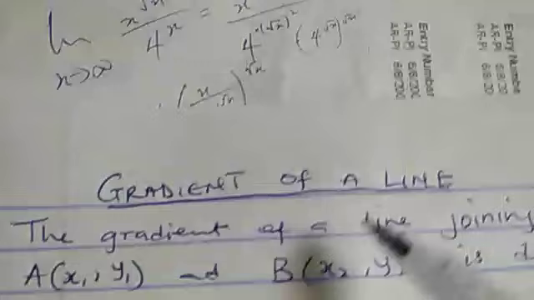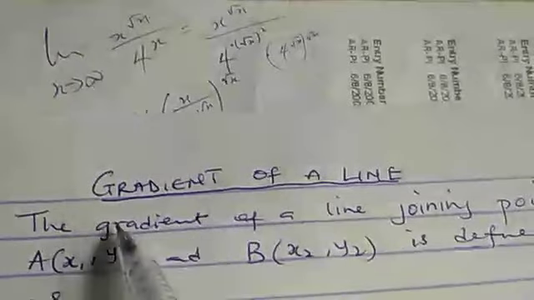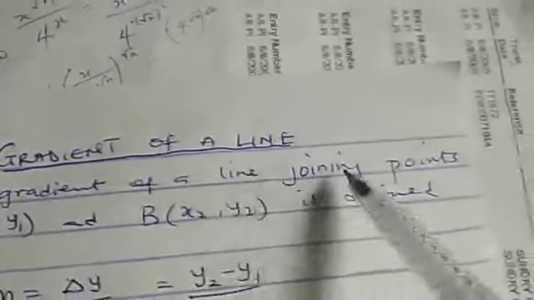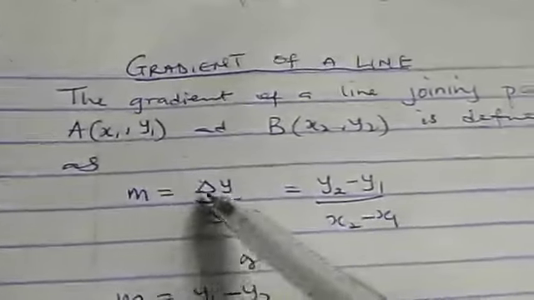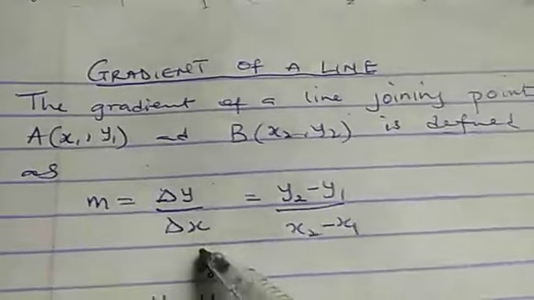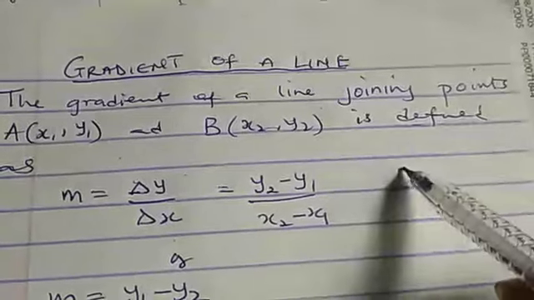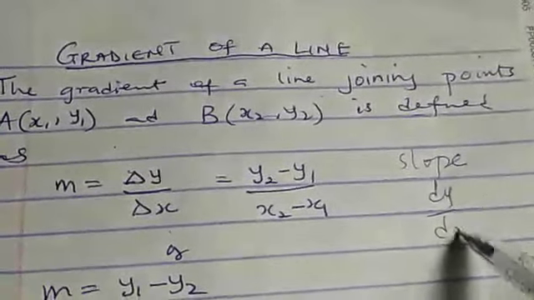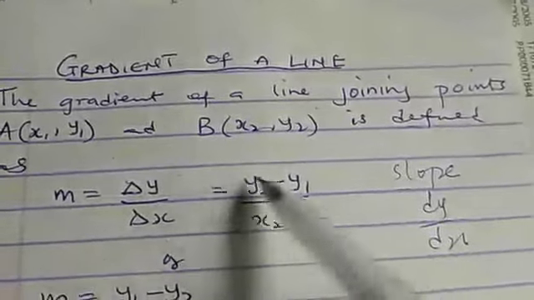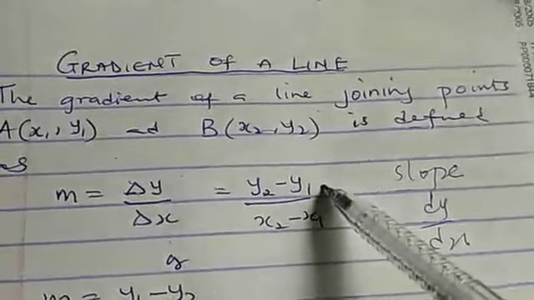Another one is gradient of a line. The gradient of a line joining two points is defined as delta y over delta x. We can call it slope. So in calculus we say dy/dx. It is defined as y2 minus y1 over x2 minus x1, or y1 minus y2 over x1 minus x2.